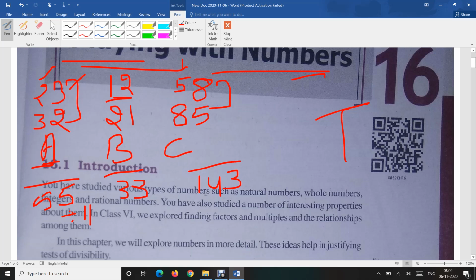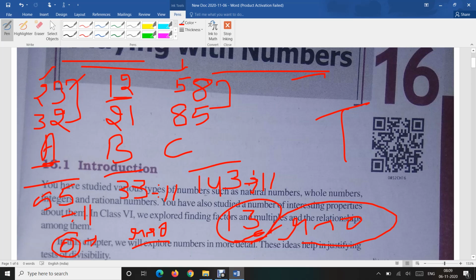When we divide 55 by 11, we get remainder 0 and quotient 5. When we divide 33 by 11, the remainder is again 0, because 11 threes are 33, and the quotient is 3. And when you divide 143 by 11, 11 ones are 11, 11 threes are 33, so you get 13. That means the remainder is 0 and the quotient is 13.